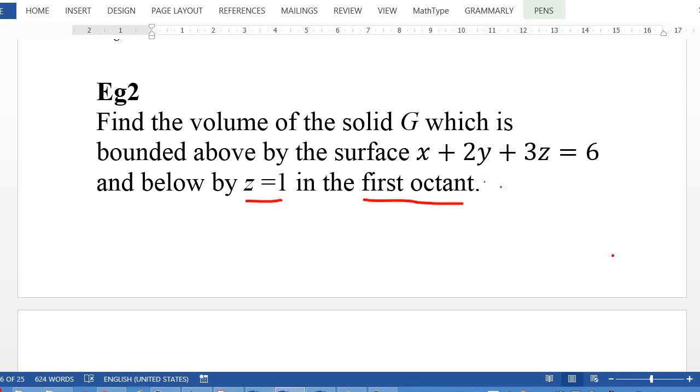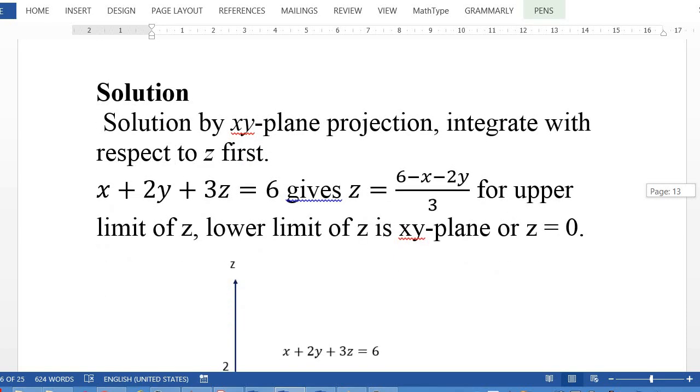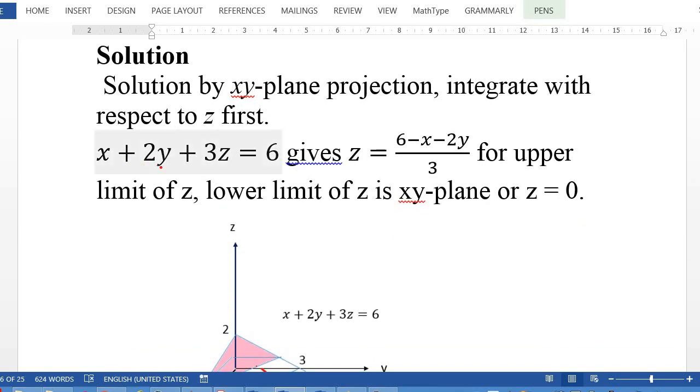Then it will be easier. You integrate with respect to z first, because it is bounded by top and bottom surfaces. So x plus 2y plus 3z equal to 6. Solving for z, you have z equal to (6 minus x minus 2y) divided by 3, which is the upper limit of your z.